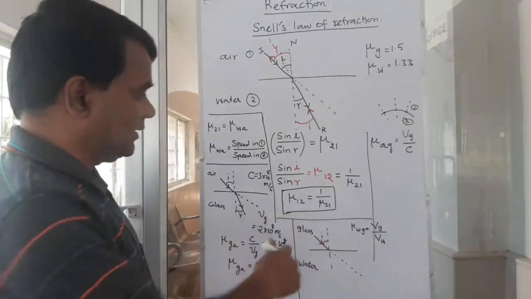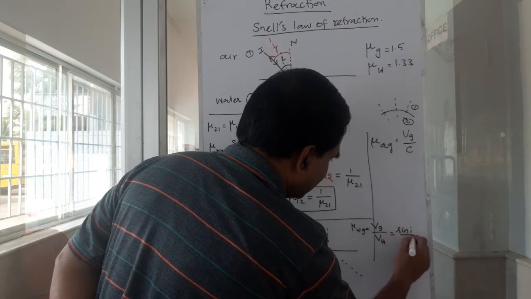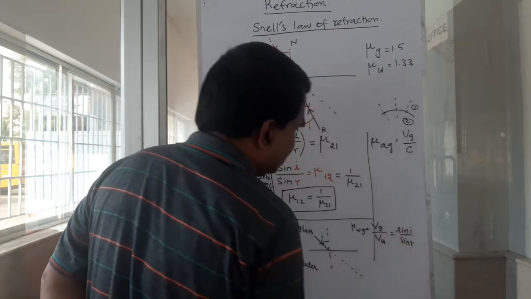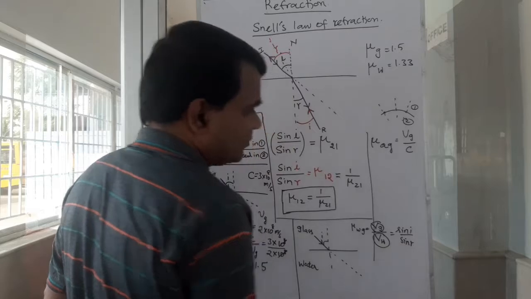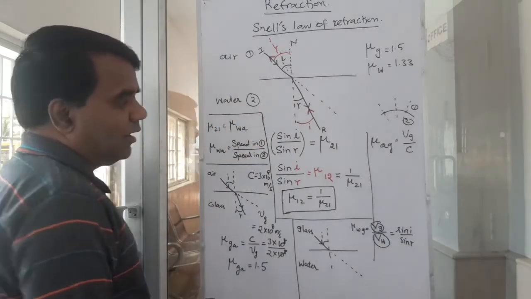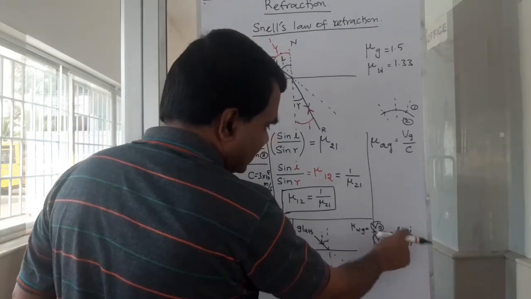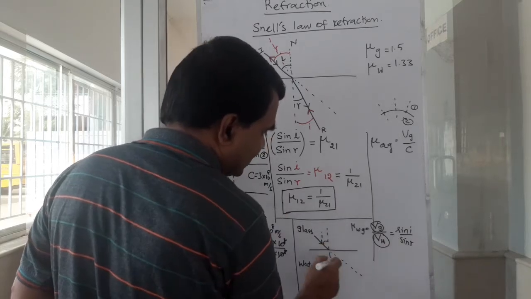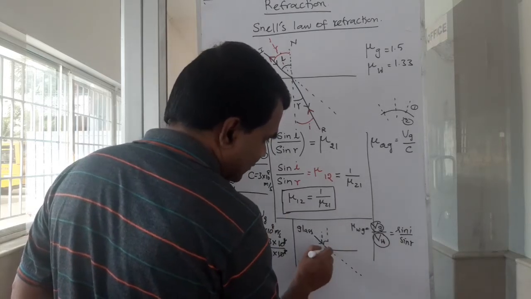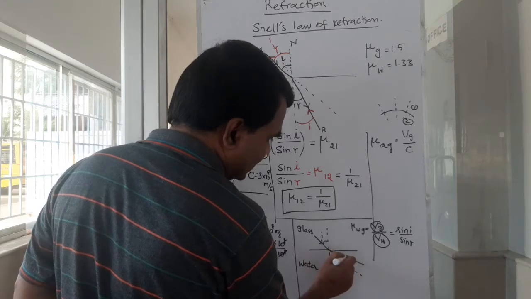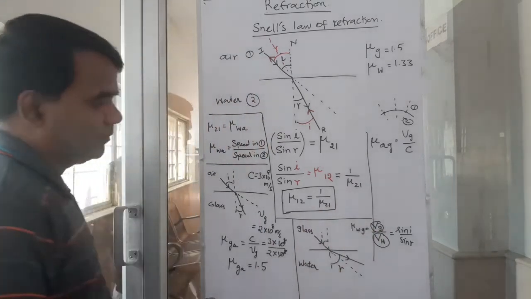So this is also equal to sin i by sin r. So this is a smaller number and this has to be a bigger number. For this angle, this has to be bigger. So what will happen is that instead of going like this, it would deviate like this. Now you notice r is going to be greater.